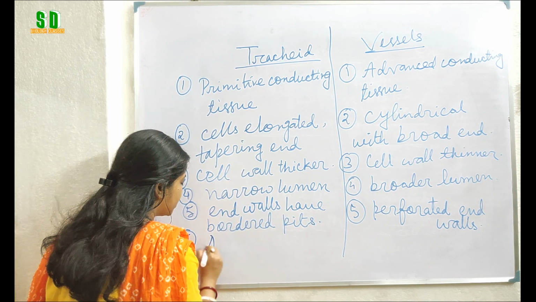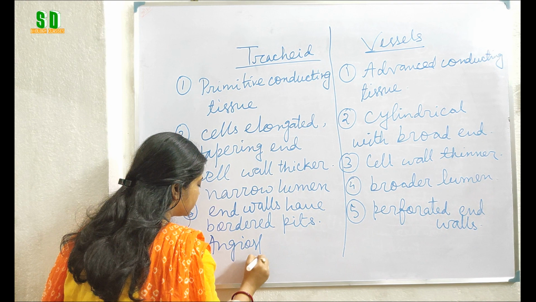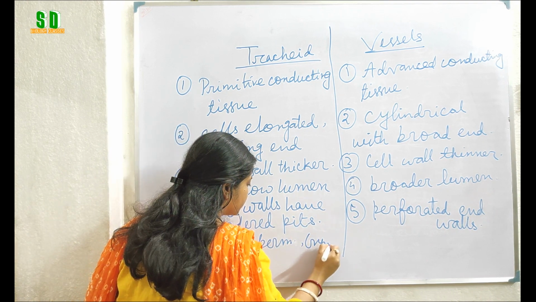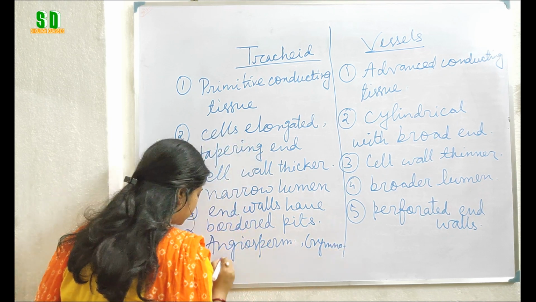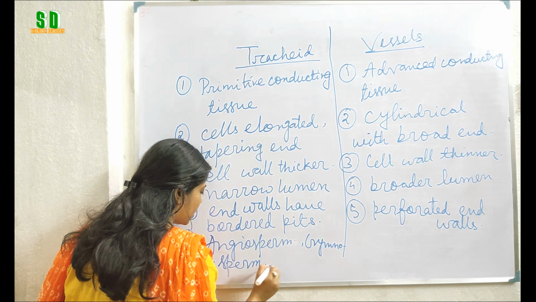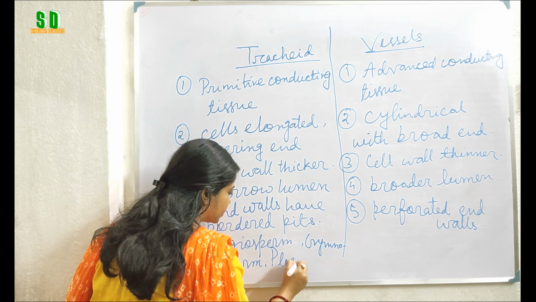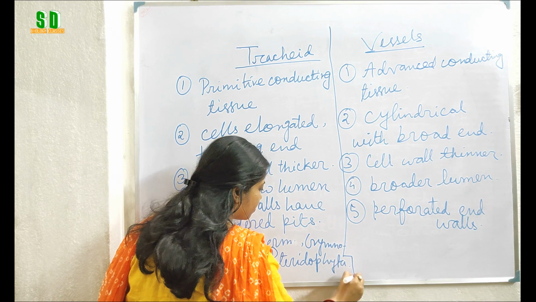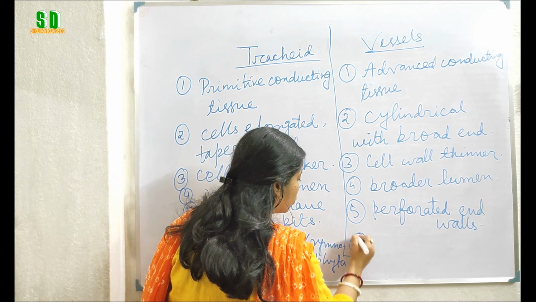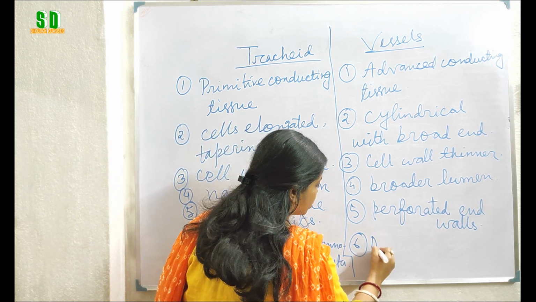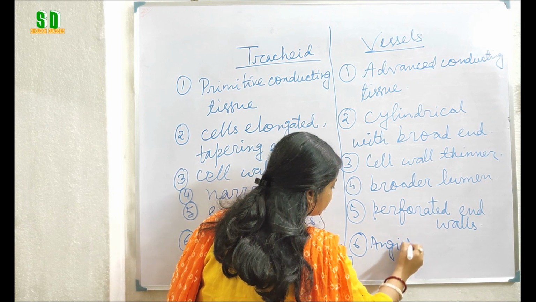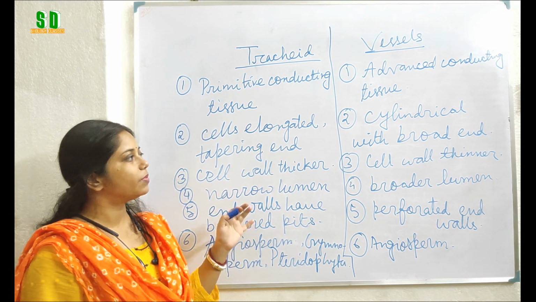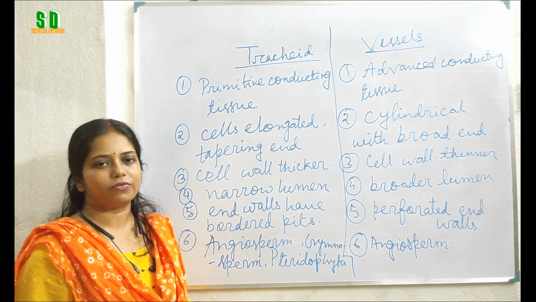The tracheae are present in angiosperm, gymnosperm, and also in pteridophyta. But the vessels are present only in the angiosperm. So these are the basic differences between trachea and vessels.